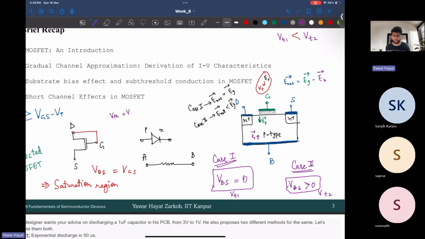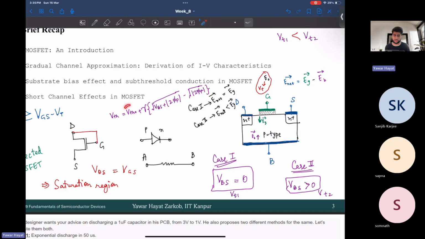VTH is equal to VTH naught plus gamma times the square root of (VSB plus 2 phi F) minus the square root of 2 phi F.